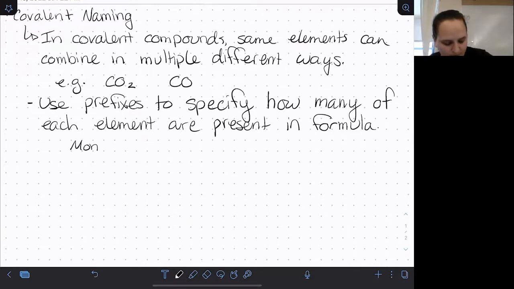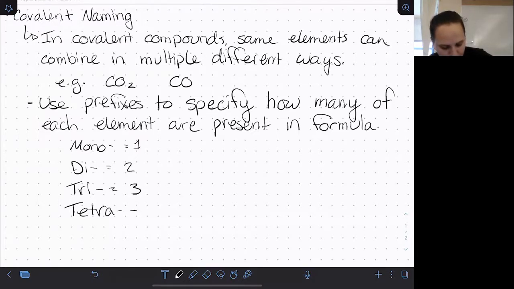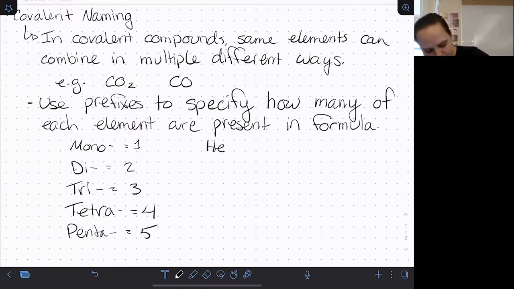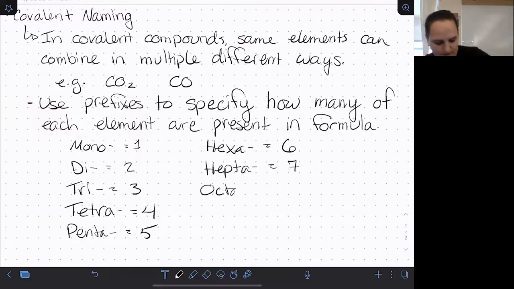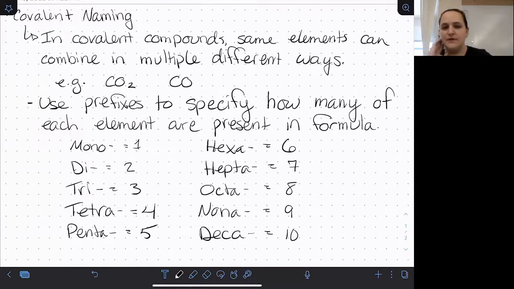We use the prefix mono for 1, di for 2, tri for 3, tetra for 4, which might be a little different than what you're used to, penta for 5, hexa for 6, hepta for 7, octa for 8, nona for 9, and deca for 10, and again, that's about as far as you should ever really need to go.